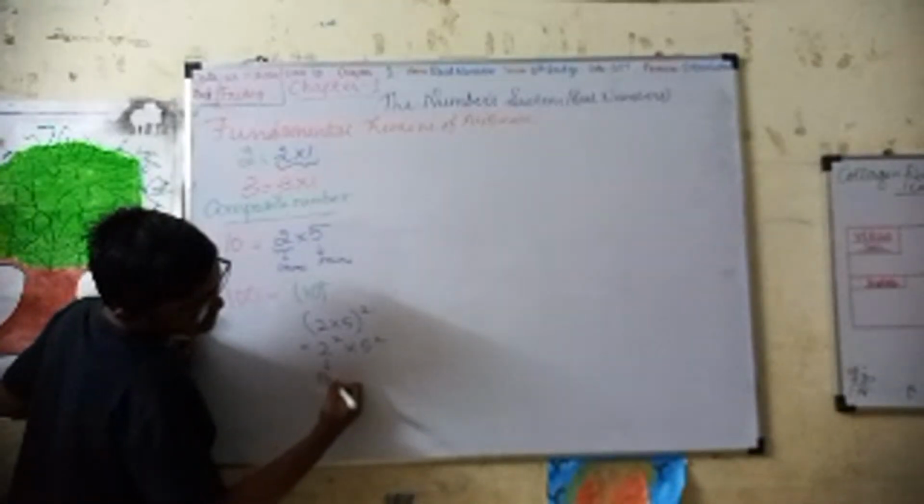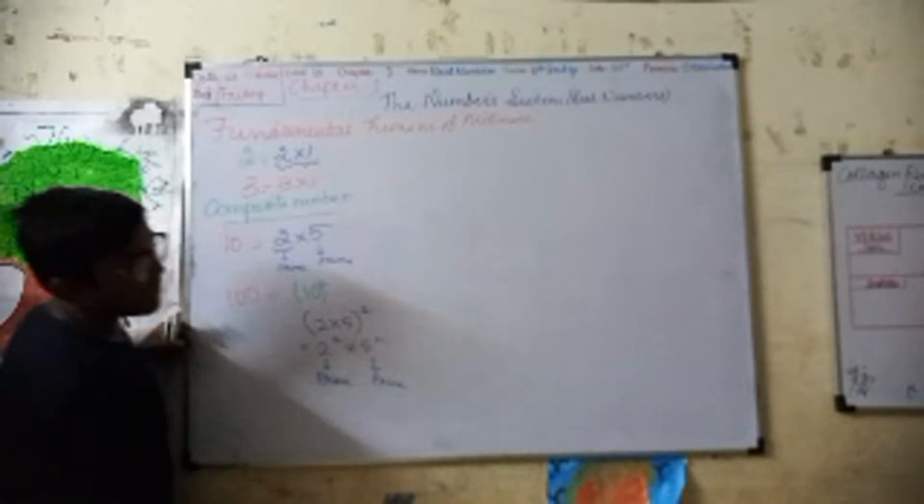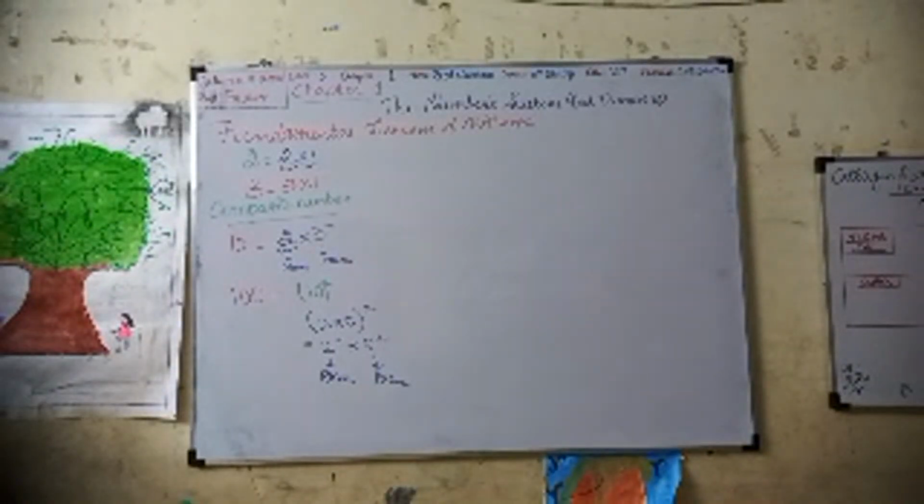So by (a into b) the whole power n, 2 square into 5 square is 100. So here 2 is a prime number, 5 is also a prime number. So every number can be written in form of product of primes.